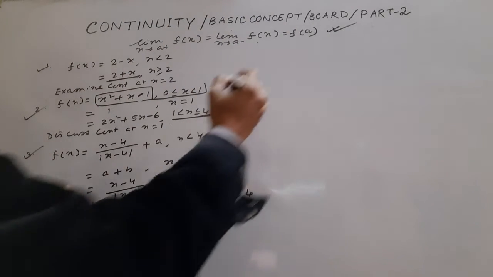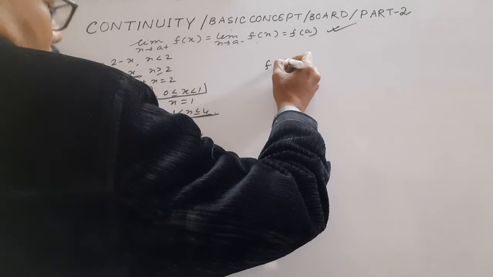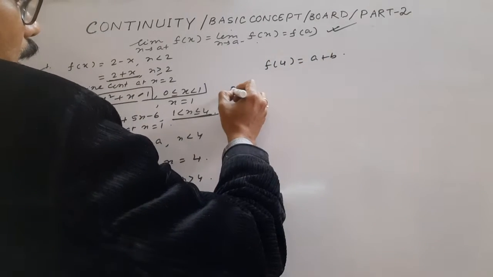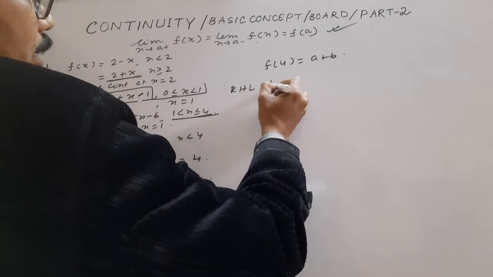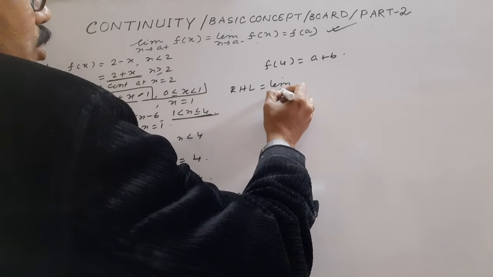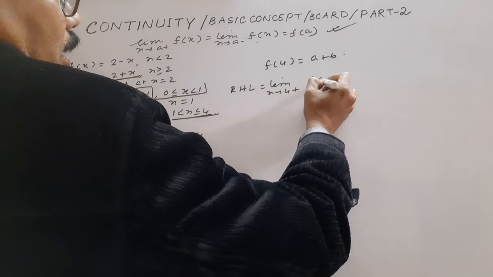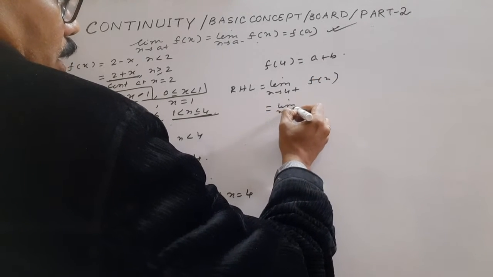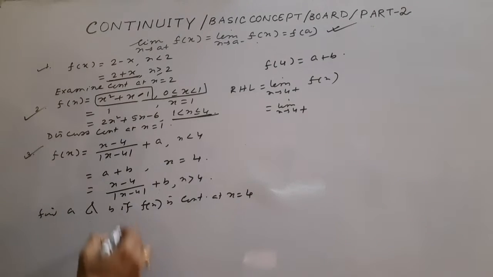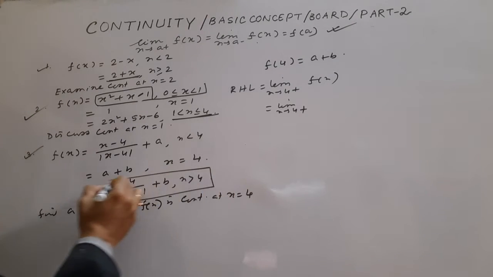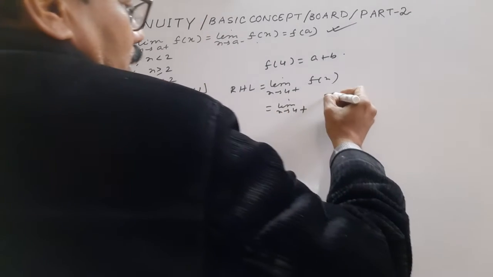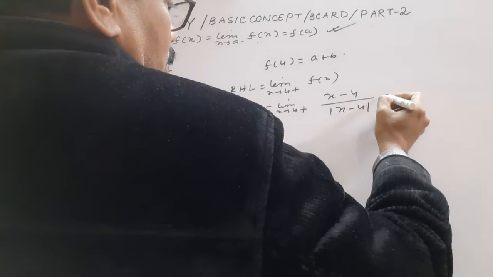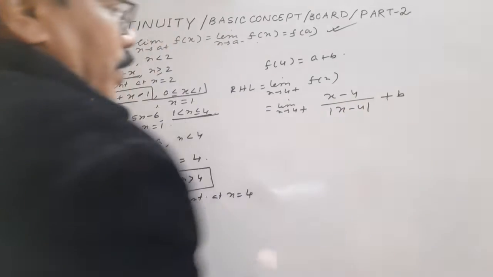So functional value f(4) equals a plus b. Right hand limit equals limit x tends to 4 plus f(x). 4 plus means greater than 4. You see the restriction, this is greater than 4. (x minus 4)/|x minus 4| plus b.